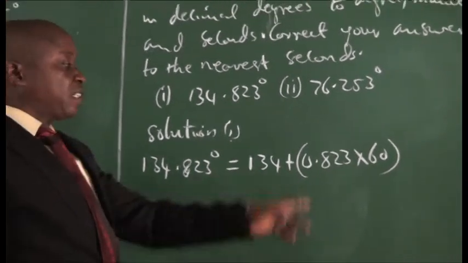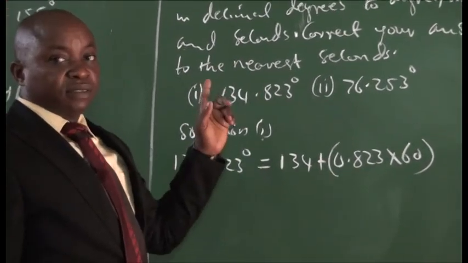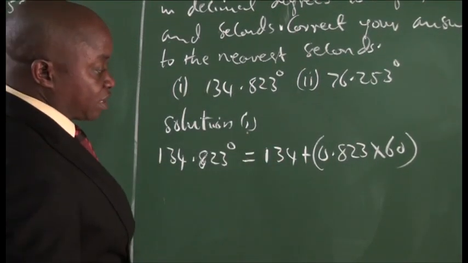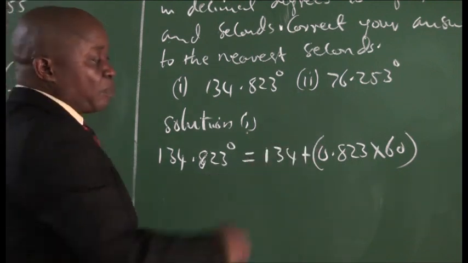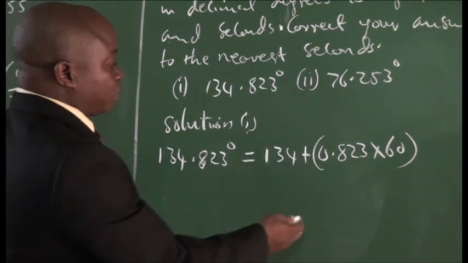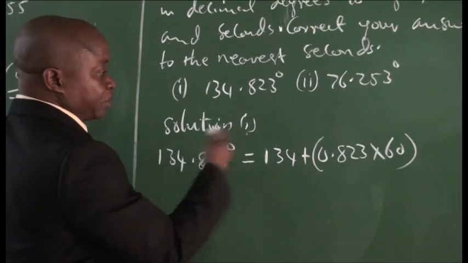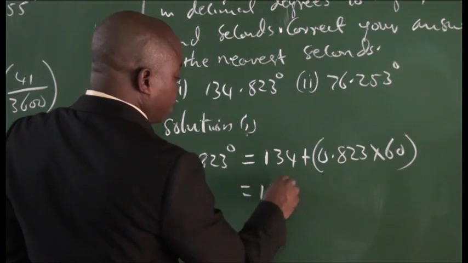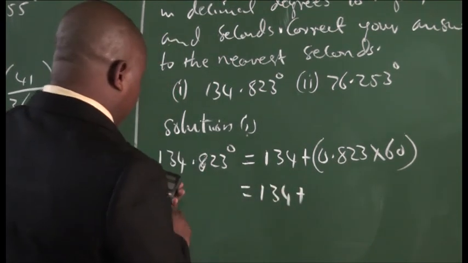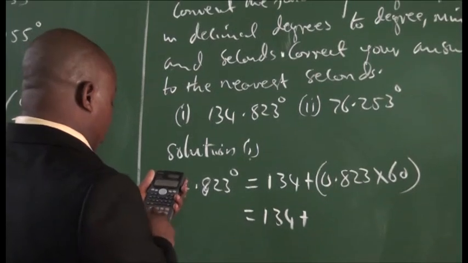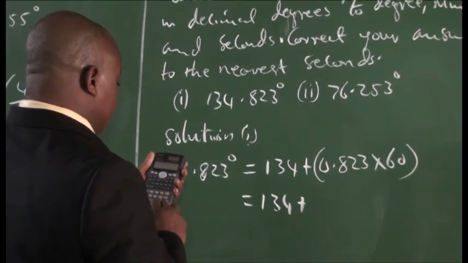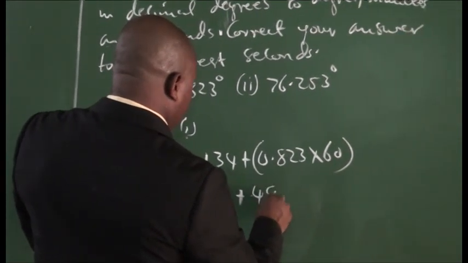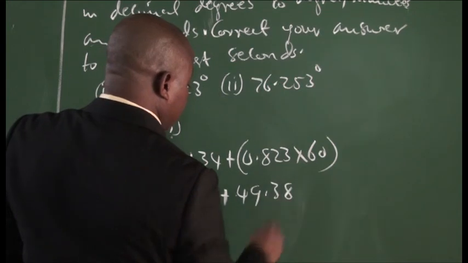Remember, when we were converting from minutes to degrees, we divided by 60. And we know that division is the opposite of multiplication. So now, the decimal part will be multiplied by 60. If we do that, we have 134 plus 0.823 times 60, which will give us 49.38.